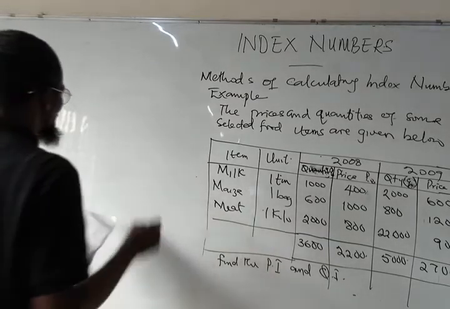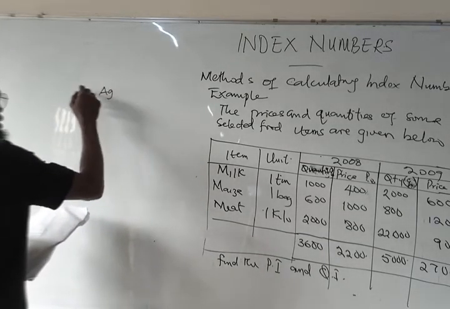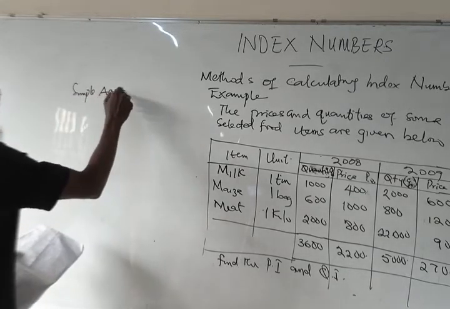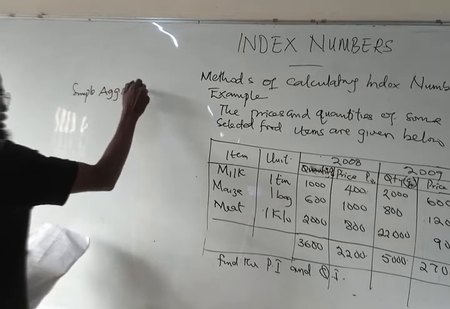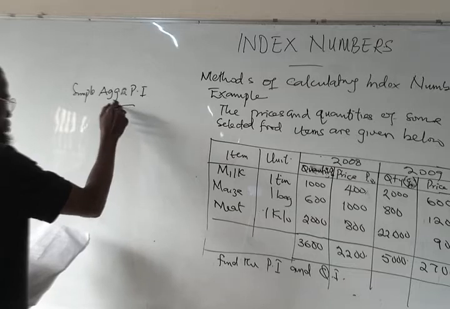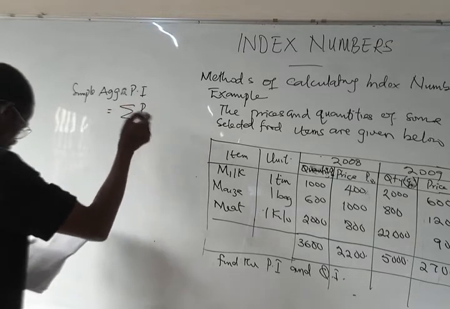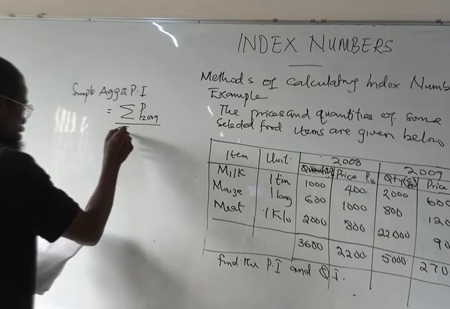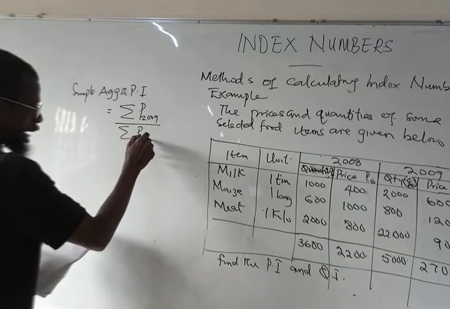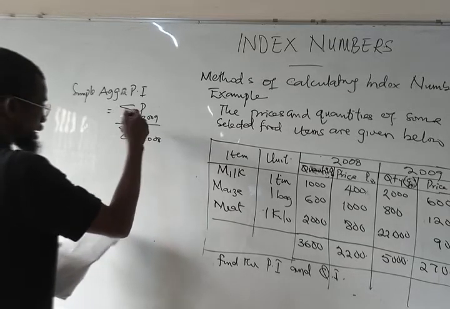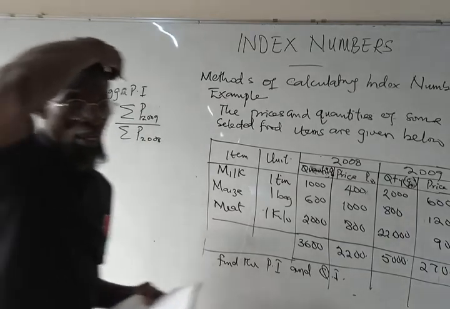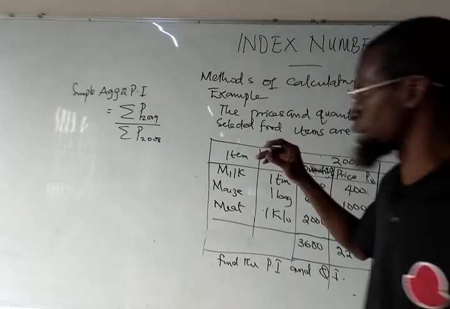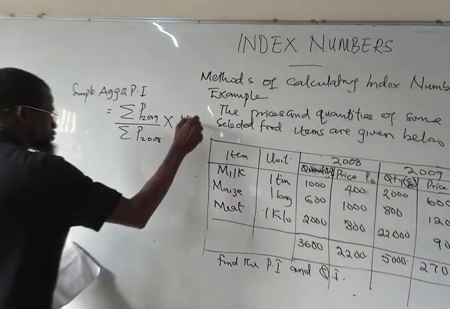Okay, let's see. The first thing is aggregate. Simple aggregate, like I've told you, simple aggregate price index will be equal to the summation of the P in 2009 over the summation of the P in 2008. You can as well use Pn and P0. You can use the same expression for those we have solved before.